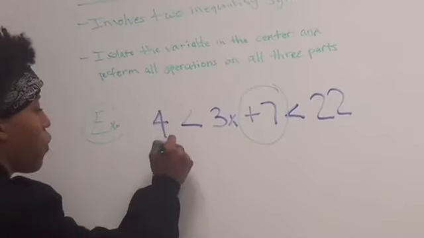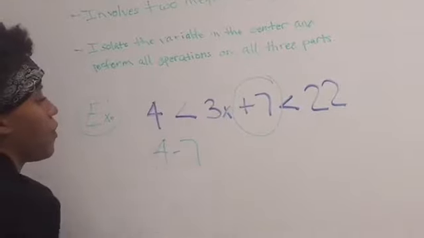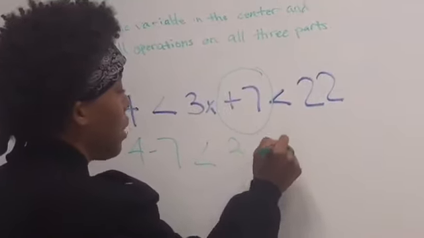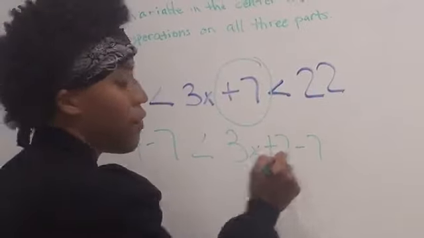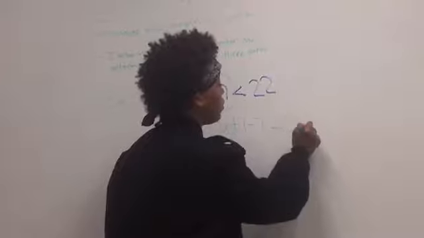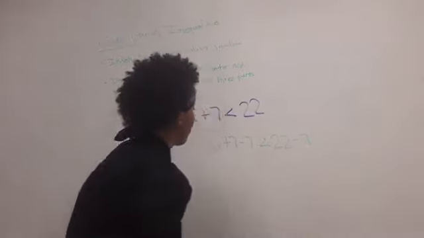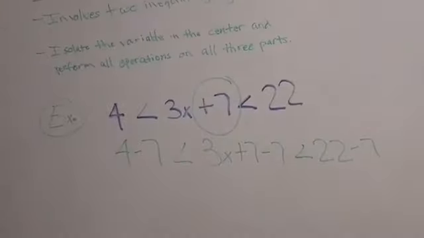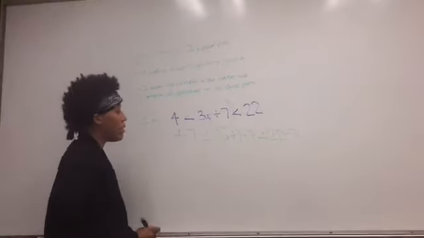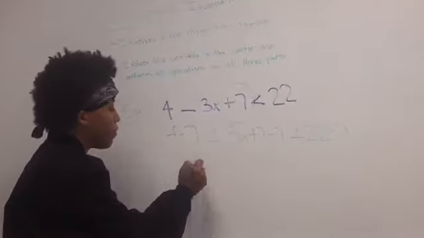So that will give you 4 minus 7 is less than 3x plus 7 minus 7, which is less than 22 minus 7.